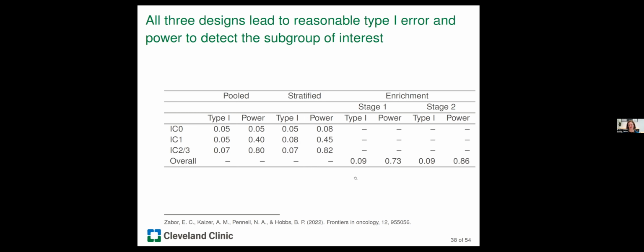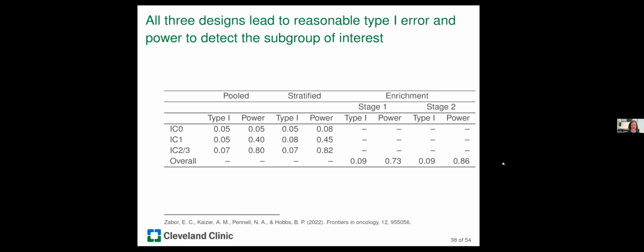And in the enrichment design, we only have overall operating characteristics. So we see in stage 1, we have a 9% type 1 error and a little higher than 70% power. And similarly in stage 2, we have a 9% type 1 error and a power greater than 80%, 86% here. So these are reasonable design characteristics that I think would be acceptable to most investigators.